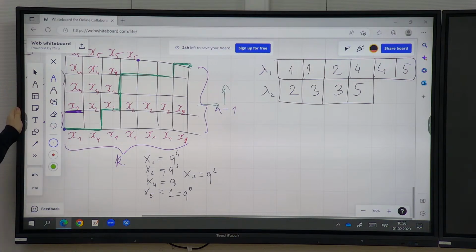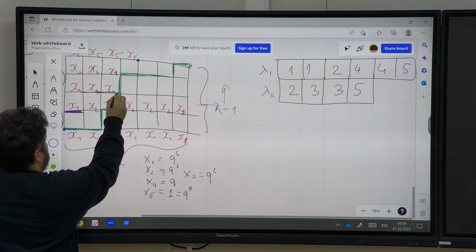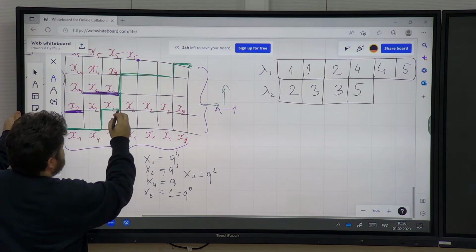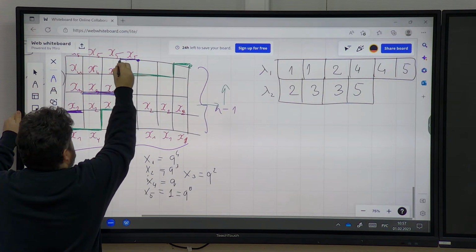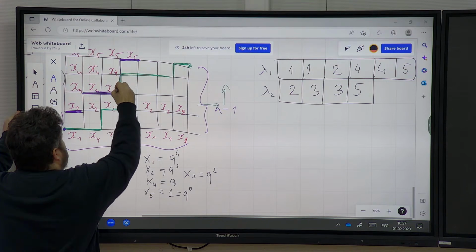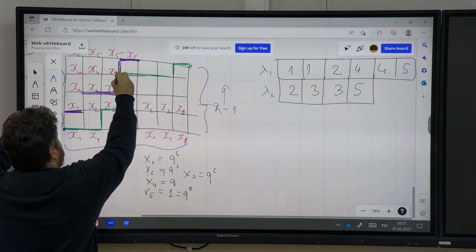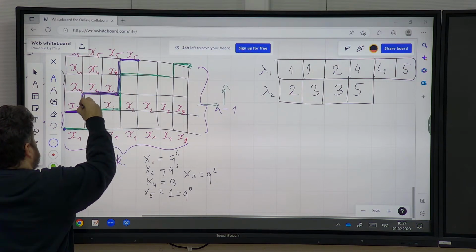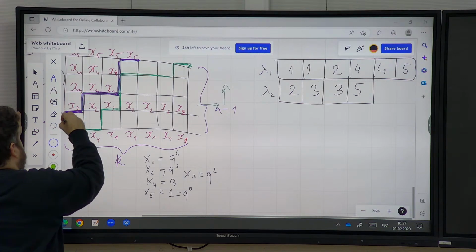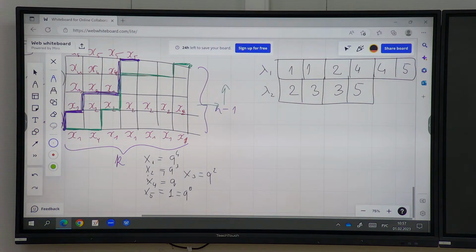So what else? 2 3s, right? And 1 5. And that's it. And we join them by vertical steps.